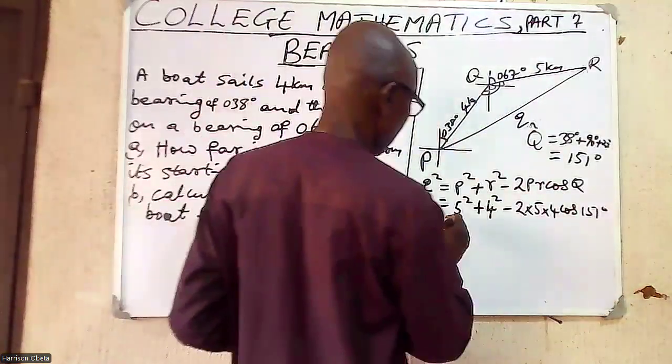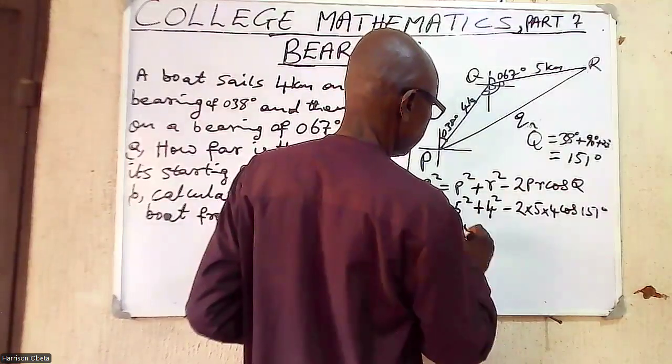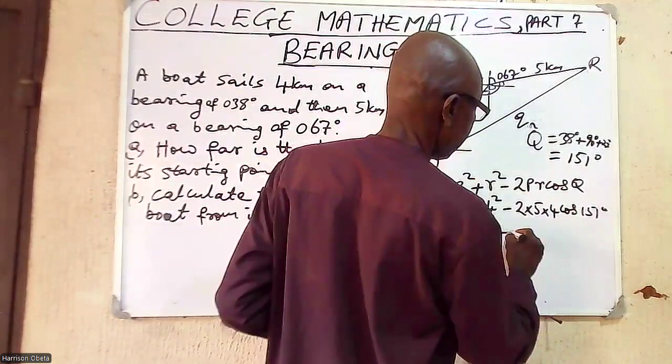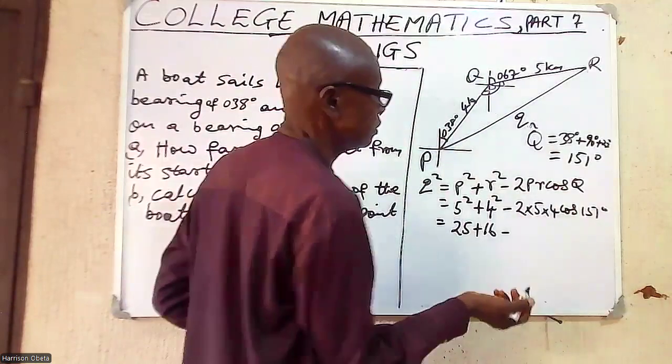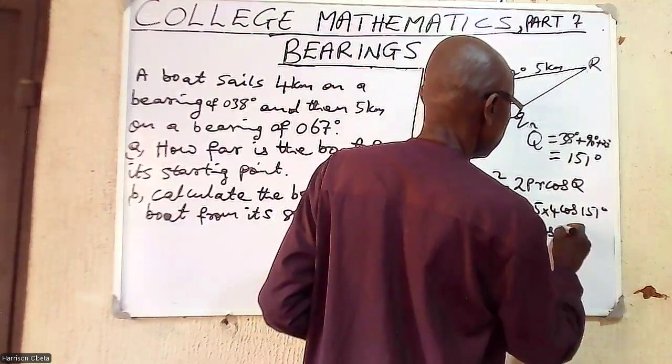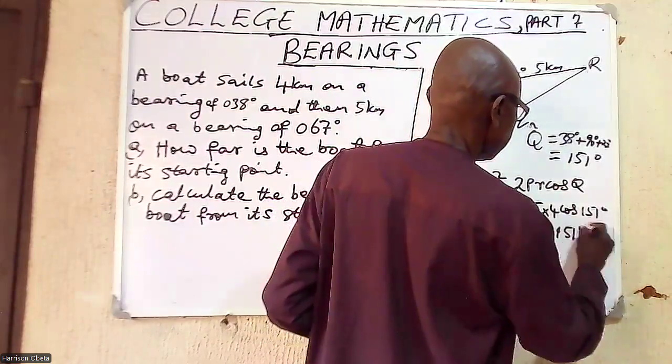Now we have 25 plus 16 minus 40 cos 151 degrees.